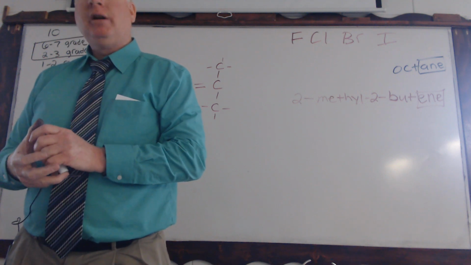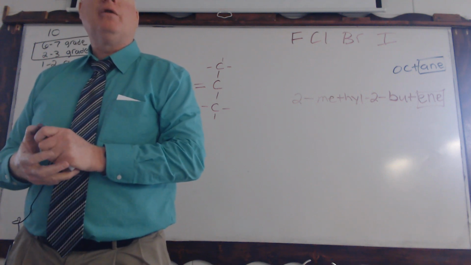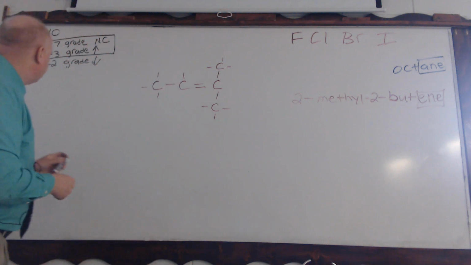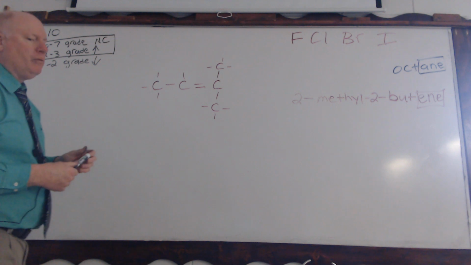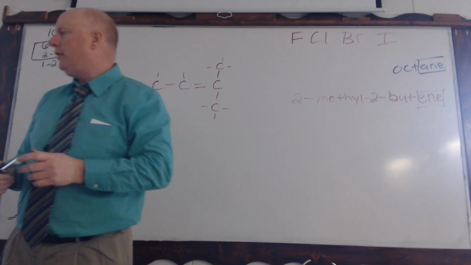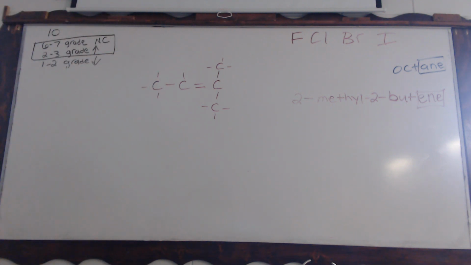Okay? What is a different organic family we have discussed? We've done alkynes. We really don't spend a whole lot of time on that, so I don't believe there's going to be any alkynes on your paper tomorrow. There's alcohols and there are acids. That's correct.